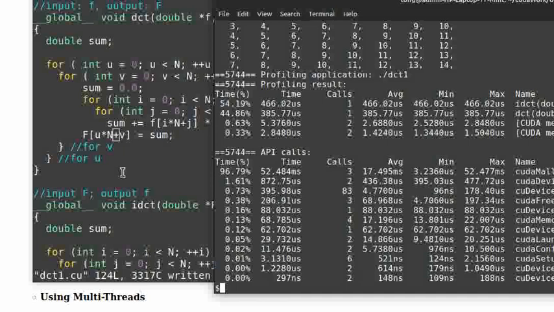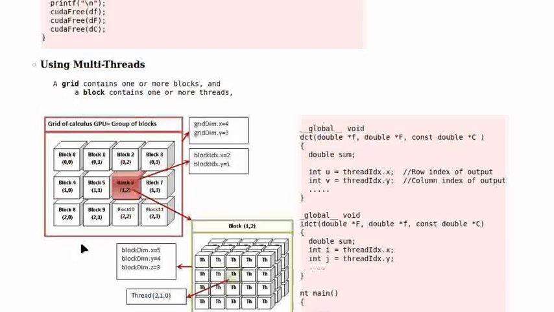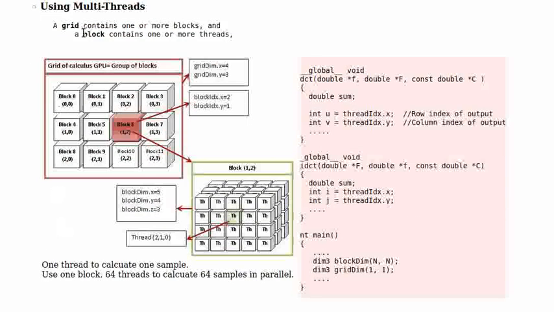And now let's see how we could do this using multi-threads. So we discussed before in previous videos that in the GPU, a grid contains one or more blocks, and a block contains one or more threads, as shown in this diagram.